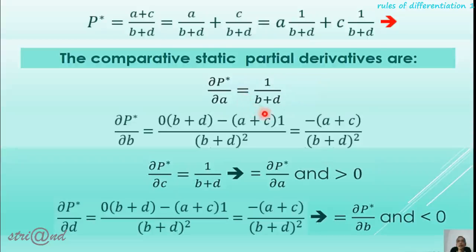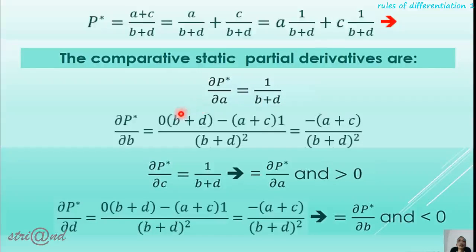It can be found directly from this version of P star, because we have c times 1 over b plus d. There is no a here, so we can consider it a constant, and the derivative of a constant is 0, so we can ignore it. Then we have a times 1 over b plus d, and the derivative is 1 over b plus d.